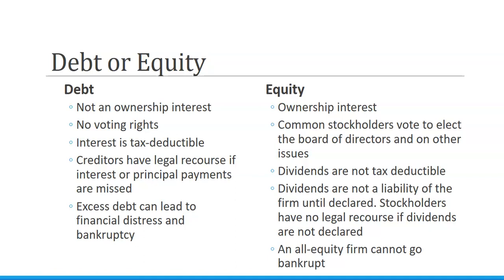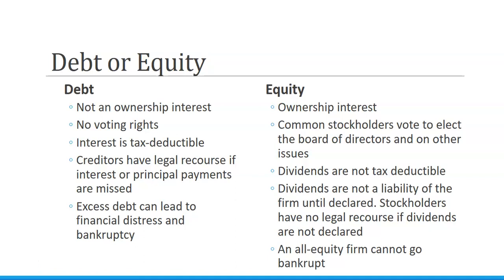If we sell equity or stock, that gives voting rights, it gives up ownership interest, and we have the double taxation because dividends are not tax deductible for the corporation and they are taxed as income for each one of the owners.